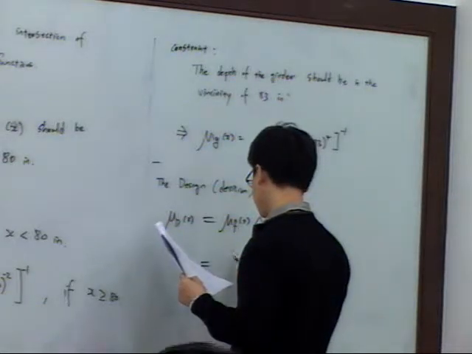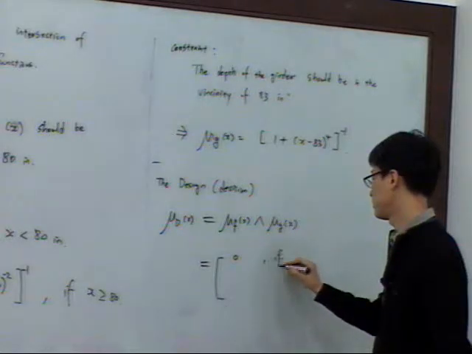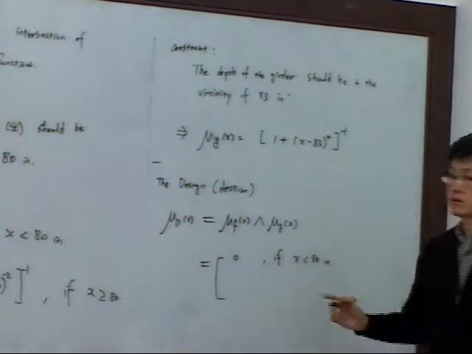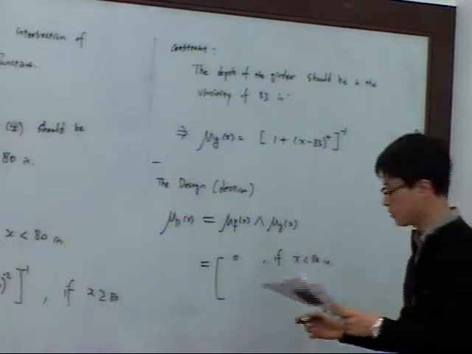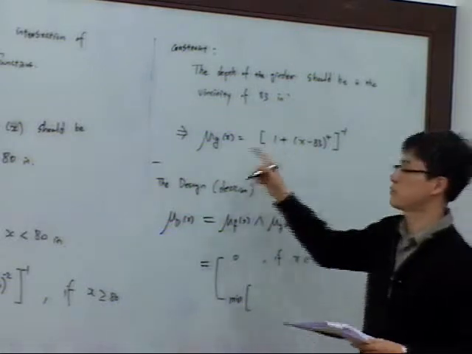And this is 0. If you do the intersection operation, this is the minimum of these two.